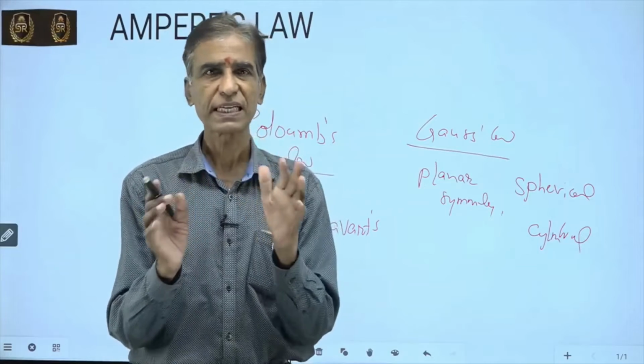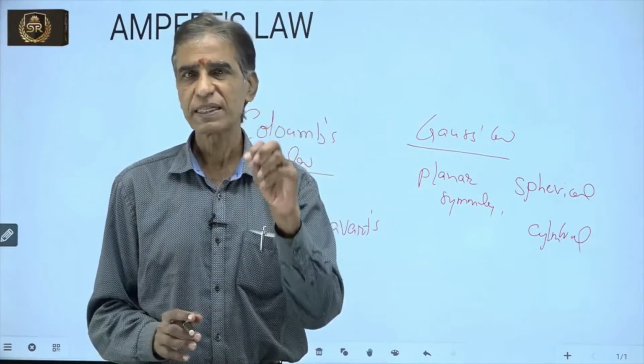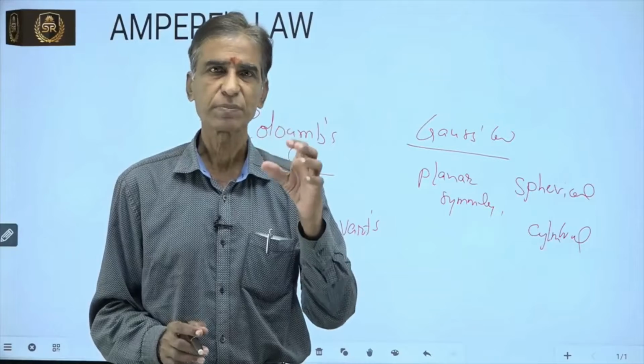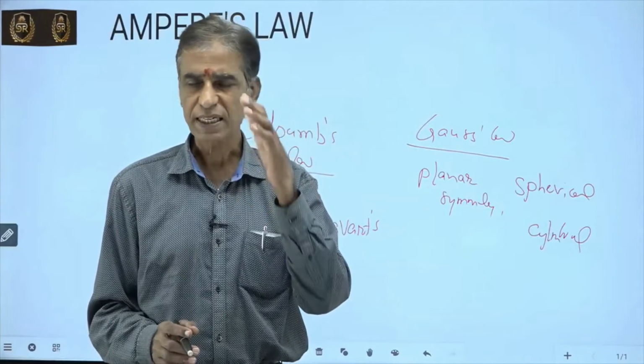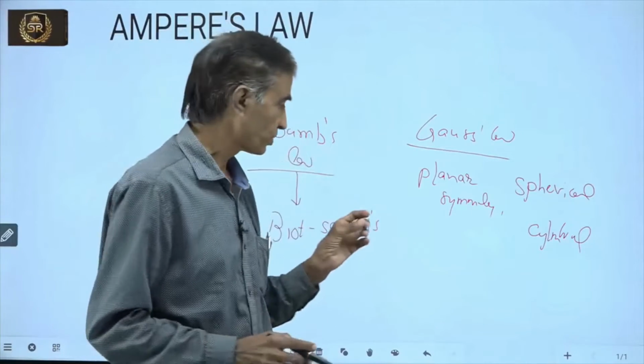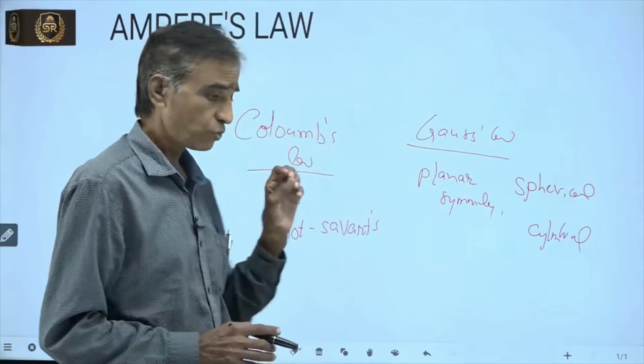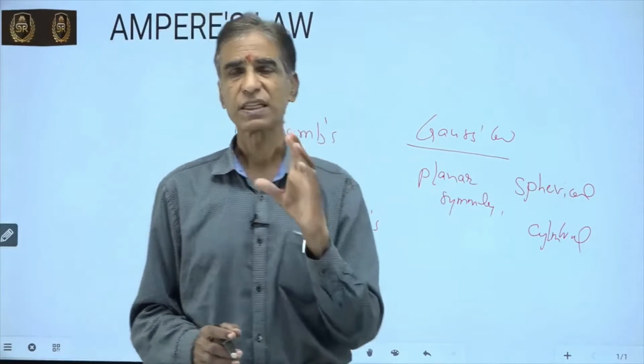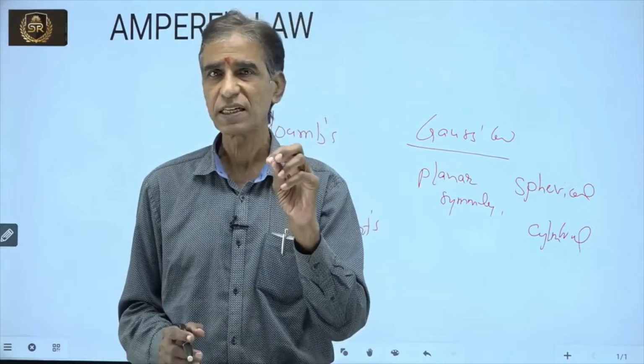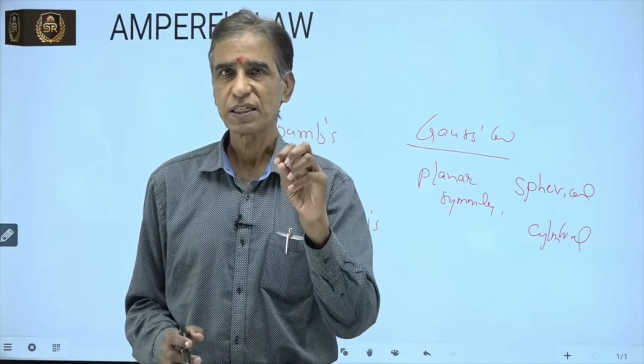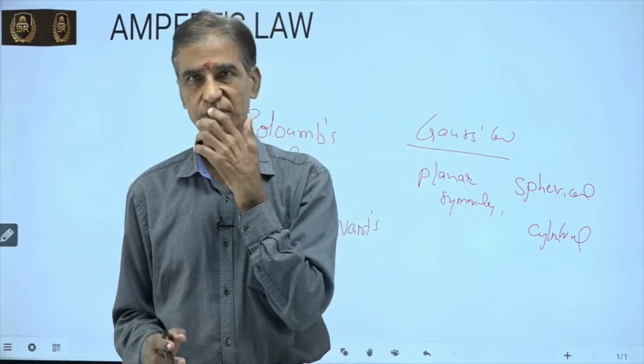Whatever the shape, symmetric, non-symmetric, complex, complicated, anything, we can use Biot-Savart's law to find the magnetic field induction at a point due to the current carrying conductor.